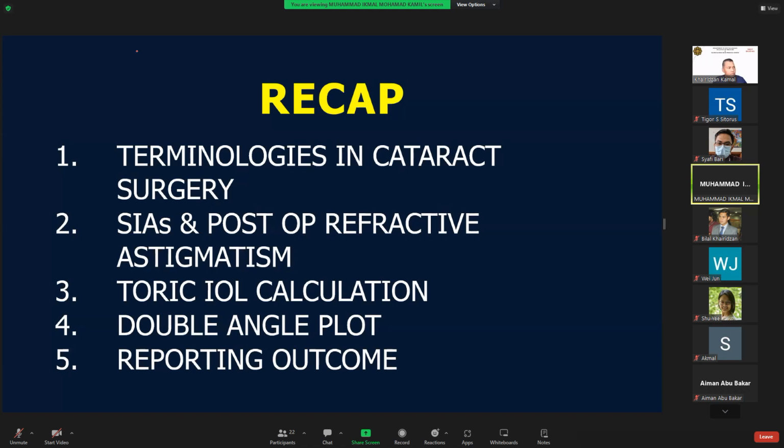If the double angle plot's vector and 95% confidence interval is too large, then we need to check again the preoperative measurements, how we do the measurements, and which IOL calculator we use. So we need to refine everything until we finally get the centroid with a small 95% confidence ellipse. That's my take on it.